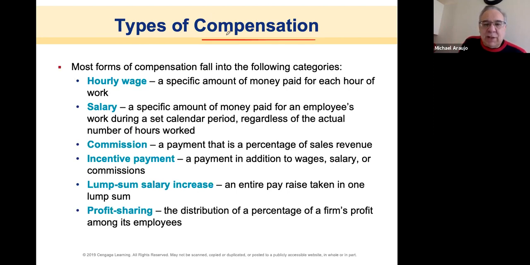So compensation, this is the issue that I mentioned earlier. There are two different types of workers, basically, even though there's many forms of compensation here. Legally, there's only two. You're either exempt or you're non-exempt.